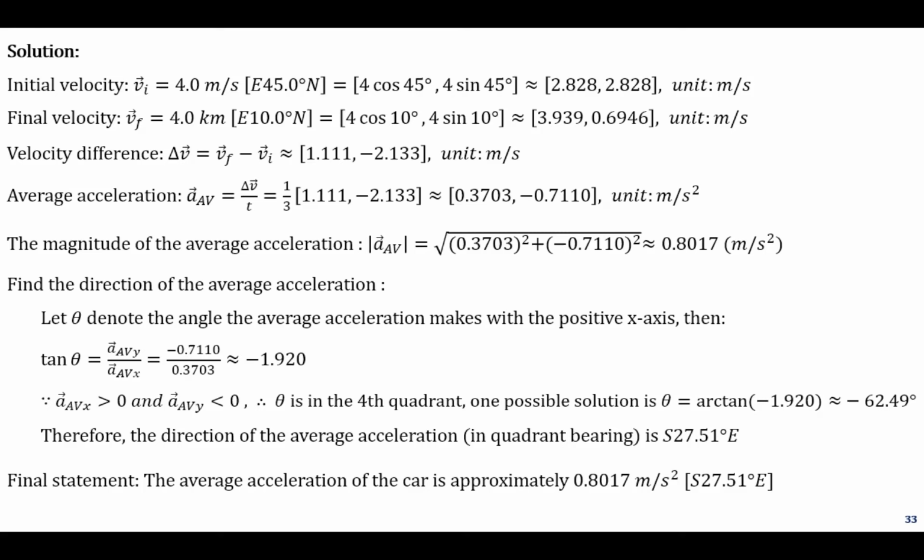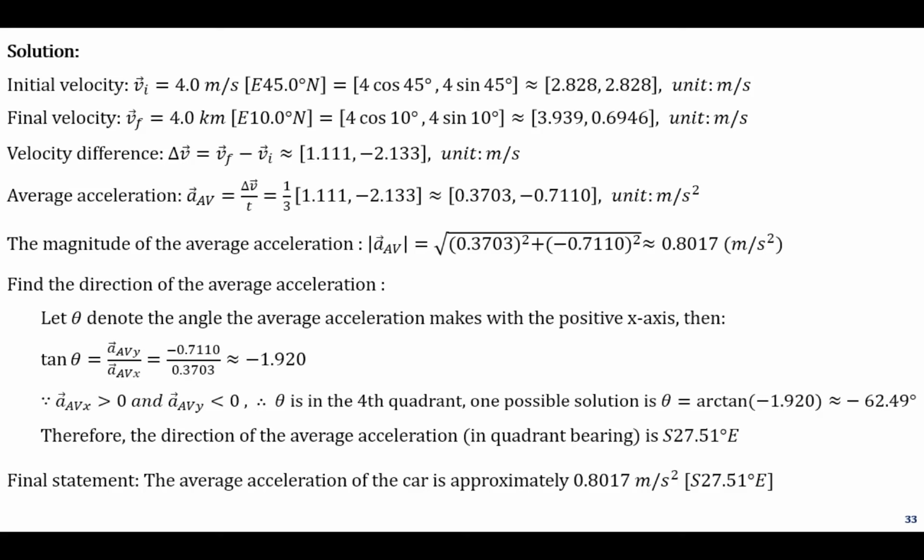So we know theta must lie in the fourth quadrant, right? Then one possible solution is given by theta equals arc tangent of negative 1.920. Remember, arc tangent gives an angle between negative half pi and half pi, right? So if you find an angle which is negative 62.49 degrees, this angle is in the fourth quadrant, that should be fine.